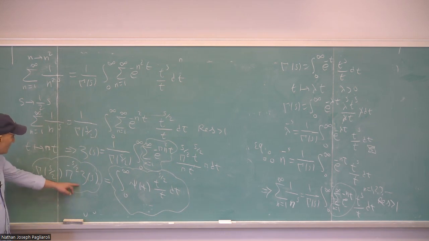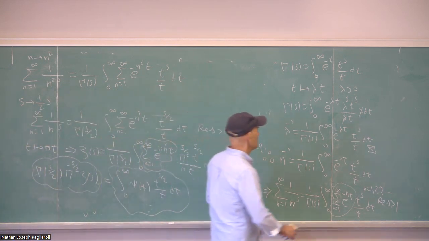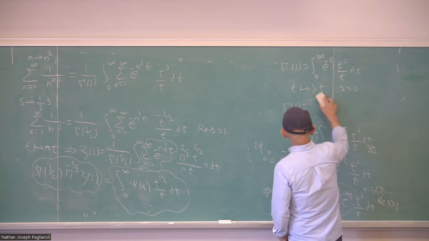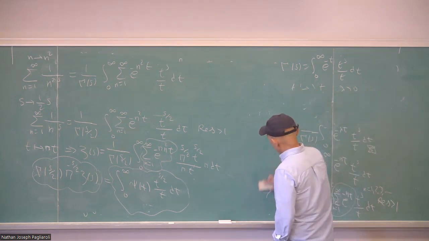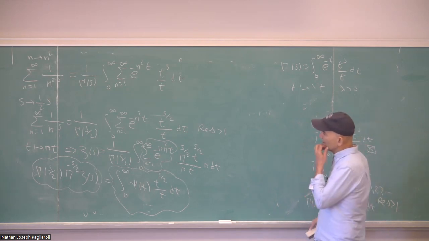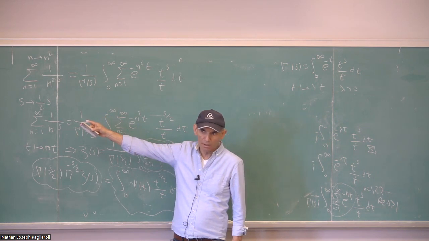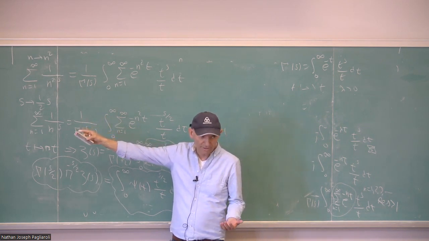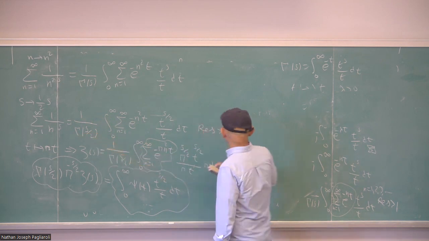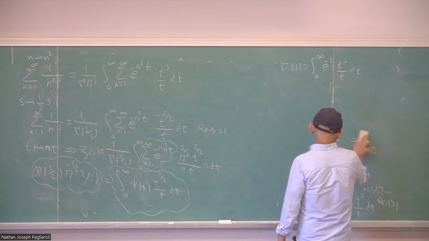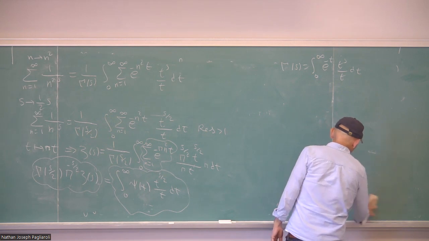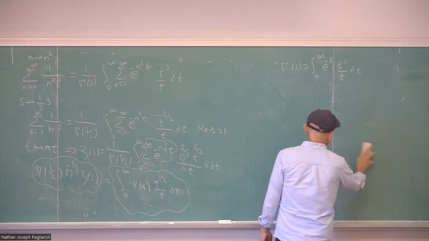Now, this left-hand side has a name. It's such an important function that it has its own name. It's called the completed zeta function. Let me introduce a notation for it. Riemann uses the notation xi, but writing xi on the board is very difficult because it's going to be confused with zeta, especially if it's written by me. So I'm going to use another notation, capital Z. Completed zeta function.